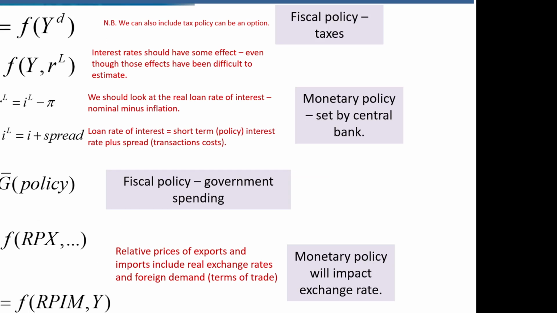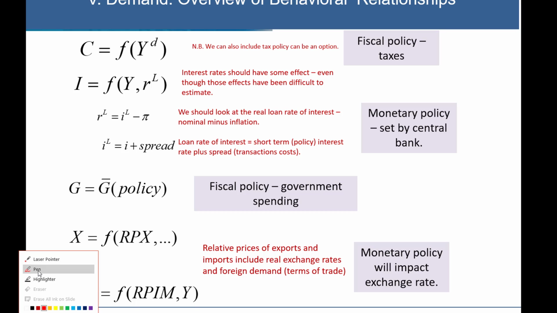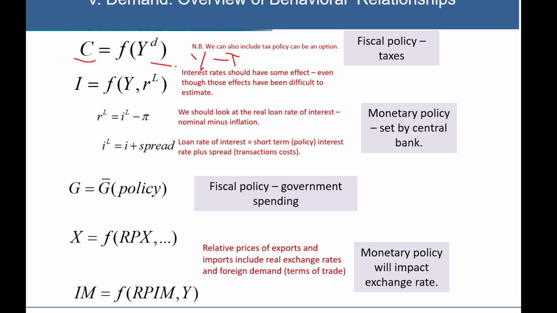Okay, we would want to think about some very generic behavioral relationships, and I want to point those out to you. Looking first at consumption, perhaps the major element that we want to think about as a determinant of consumption is disposable income, which of course is GDP minus taxes. That's disposable income.